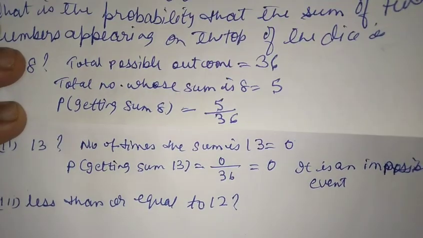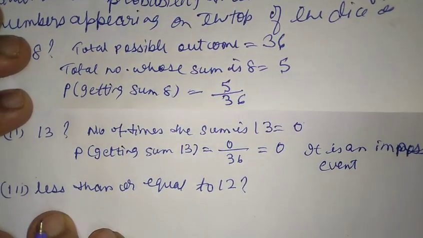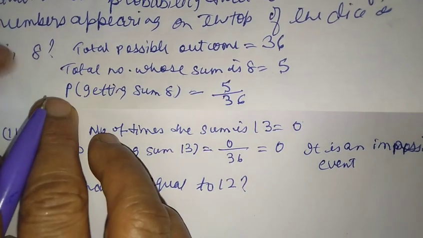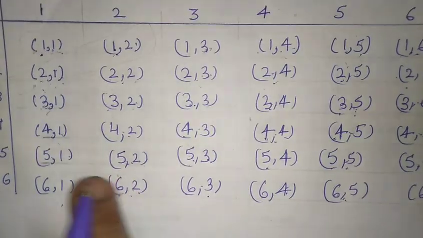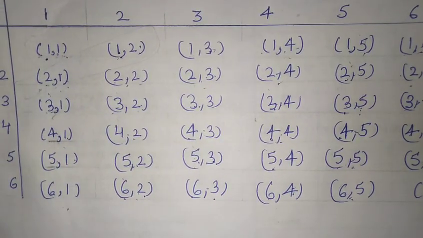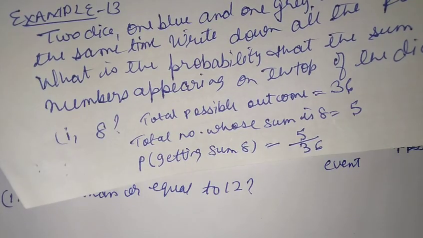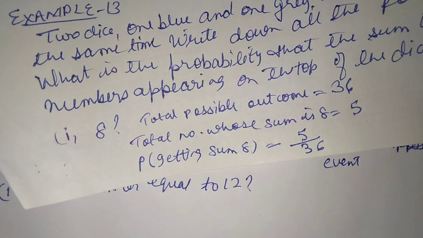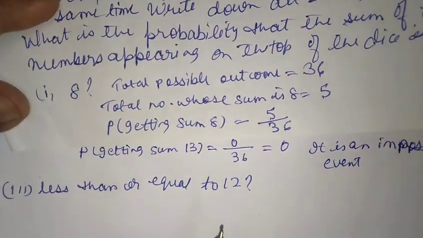Now let's go to its third part, the probability that the sum is less than or equal to 12. So here in the chart we see that the sum of two dice is always less than or equal to 12, because the greatest number on one die is 6 and the greatest number on the other die is also 6. So 6 plus 6 is 12. So every time we throw two dice, the sum will be less than or equal to 12 here.